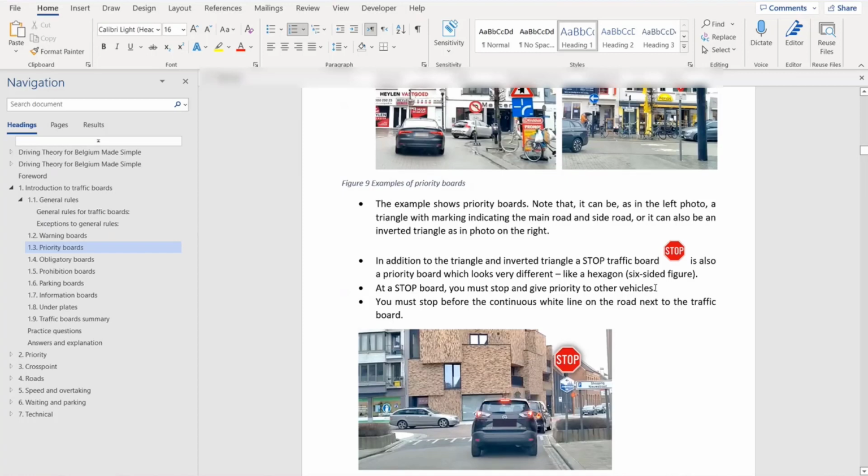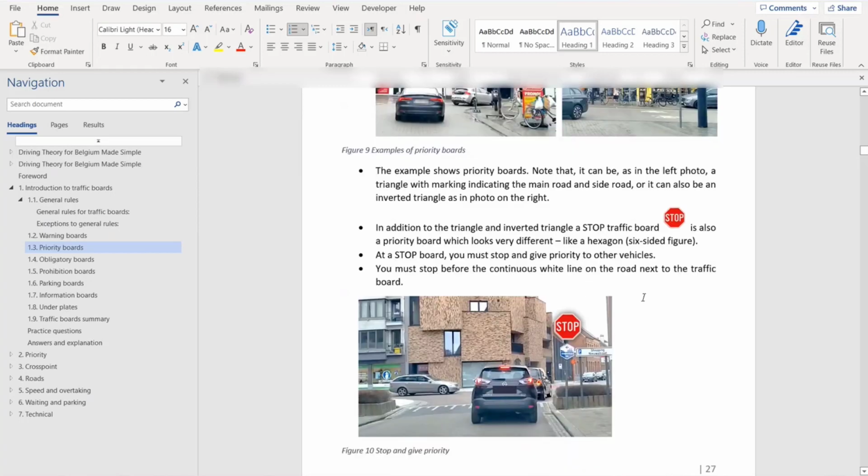So even during the practical exam, you must come to a full stop. There is no excuse. You can't say, okay, there's no traffic, so I'll drive slowly. No, you must come to a full stop even if there are no vehicles, and then only proceed. That's what the stop board means, right?